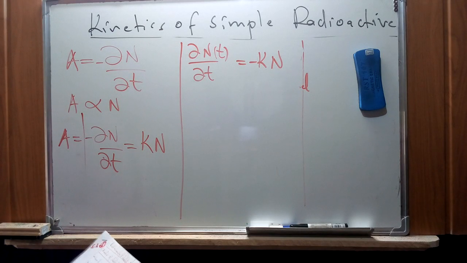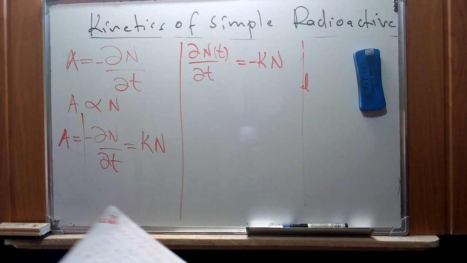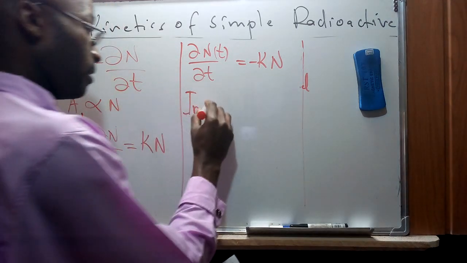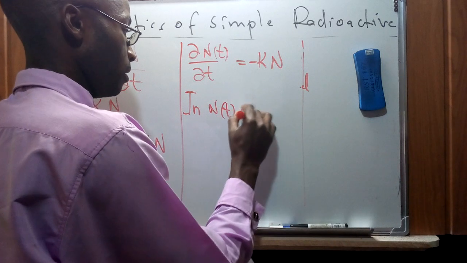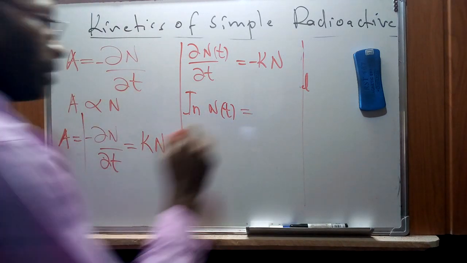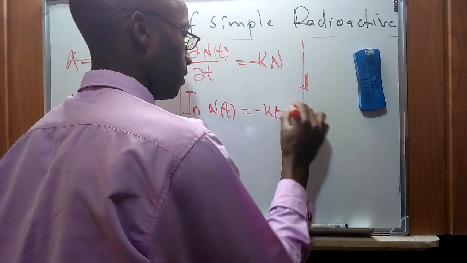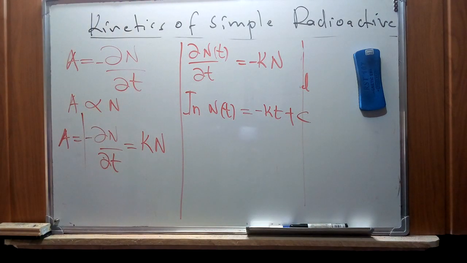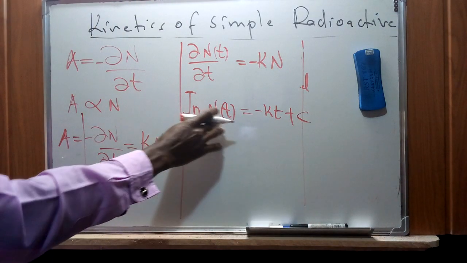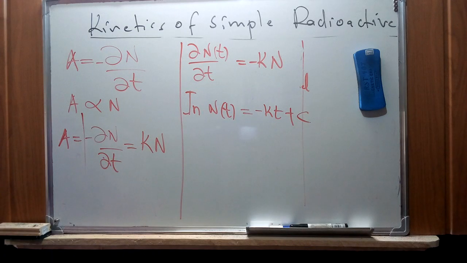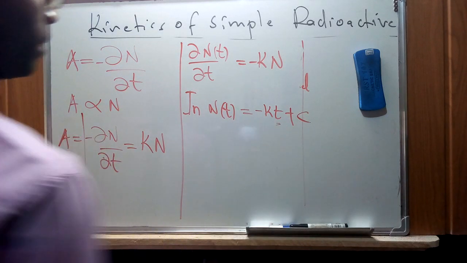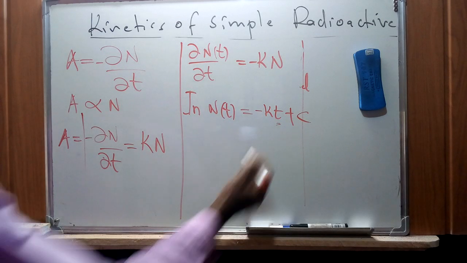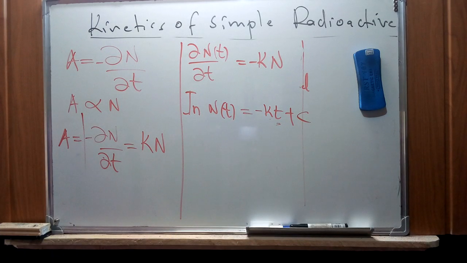So if we integrate this, we will find the natural log of n with respect to t equals negative kt plus c. If we draw the graph of the natural log of n against t, we're going to have a straight line with an integration constant.